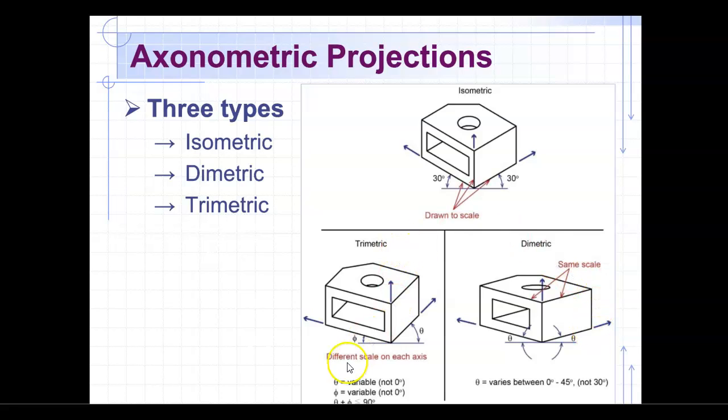And then the trimetric is where you do have two completely different angles, represented by angle theta and angle phi, and they would add up to be less than 90 degrees. So those are the three types of axonometric projections: isometric, dimetric, and trimetric.